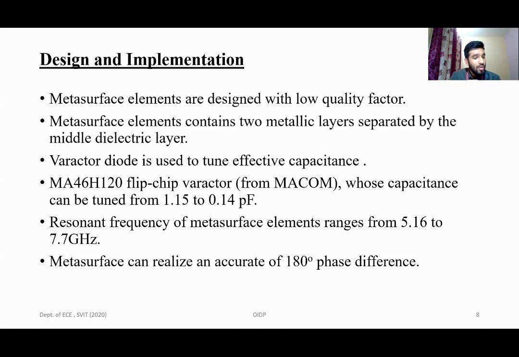The Q factor decreases when the resonant frequency increases to high frequency; that is, the Q factor decreases with respect to frequency.